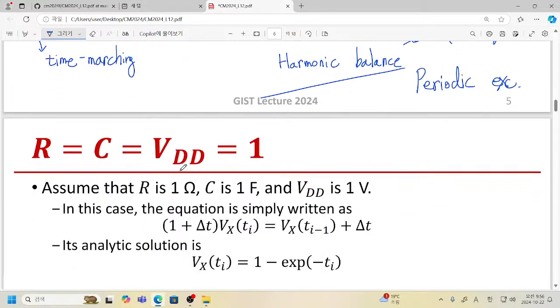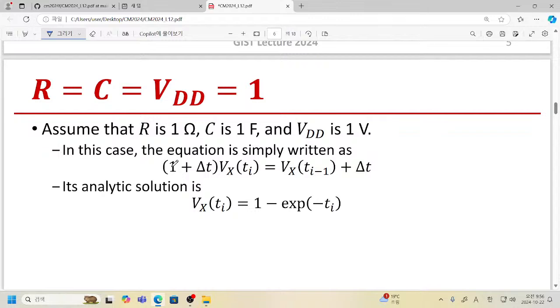Okay, we have spent quite a long time, but I feel that I have delivered the important point already to you. So now in this slide we have made a certain example. Let's just say that every quantity has a unit amplitude with proper dimensions.